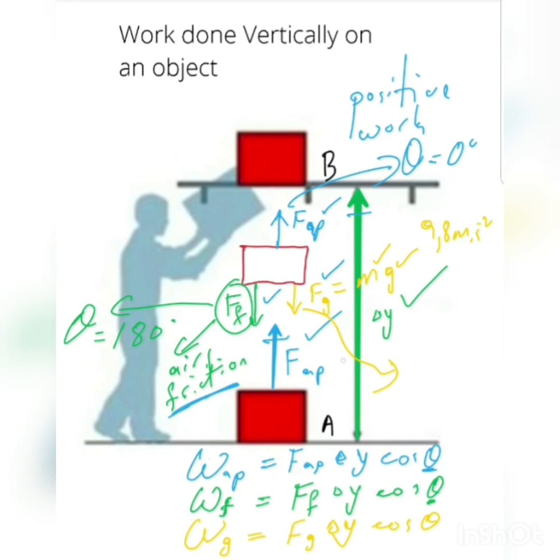We know it always acts downwards. So if an object is displaced in an upward direction, then it means our Fg is going to have an angle of 180 degrees, which we are going to substitute there whenever we are calculating work for the force of gravity.